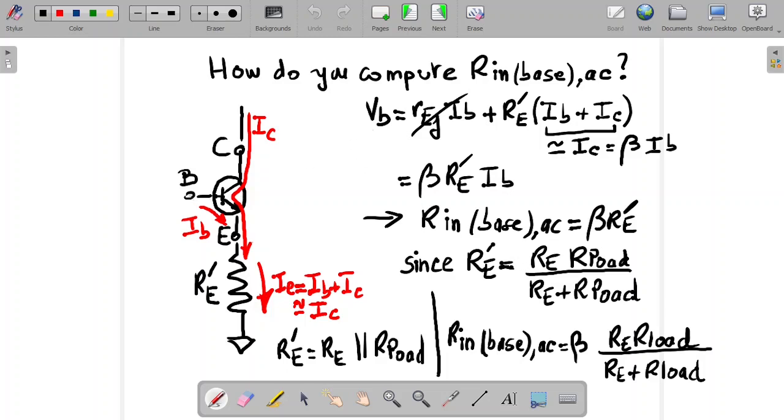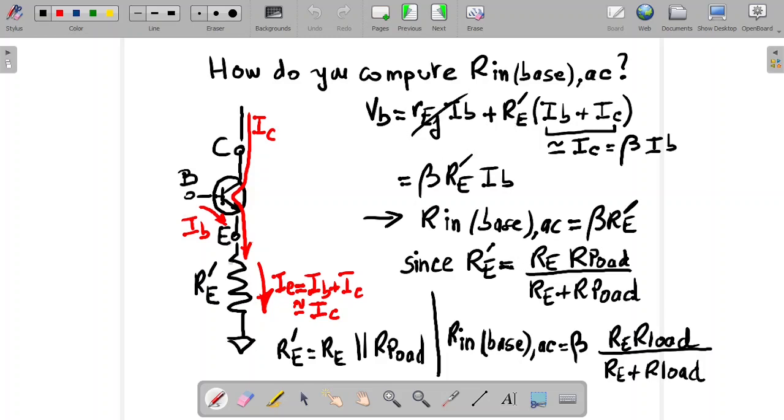If you look at the voltage at B, VB is equal to Rej times IB. Rej is that internal resistance between the base and the emitter, but since it's usually very small, I'm just going to ignore it.